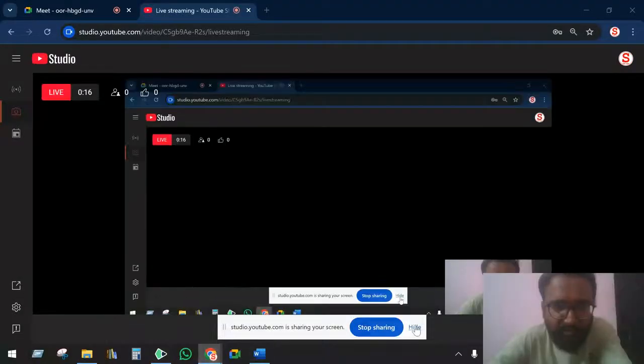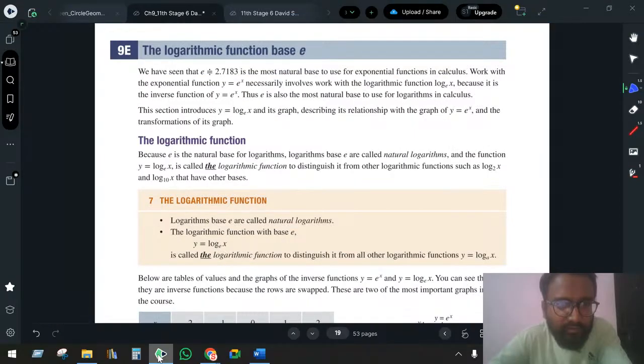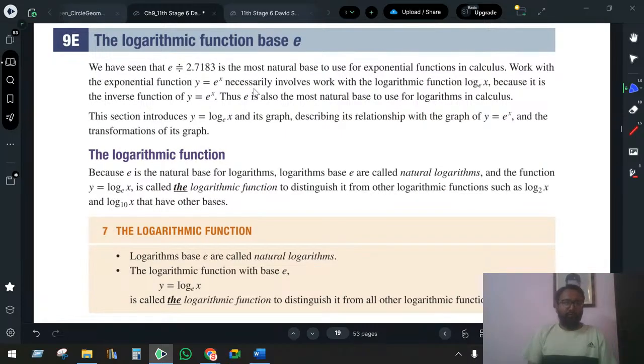I'm sharing my entire screen. Get back to the equation. So it is 9e. What is the section name? Oh, it is not shared for you.